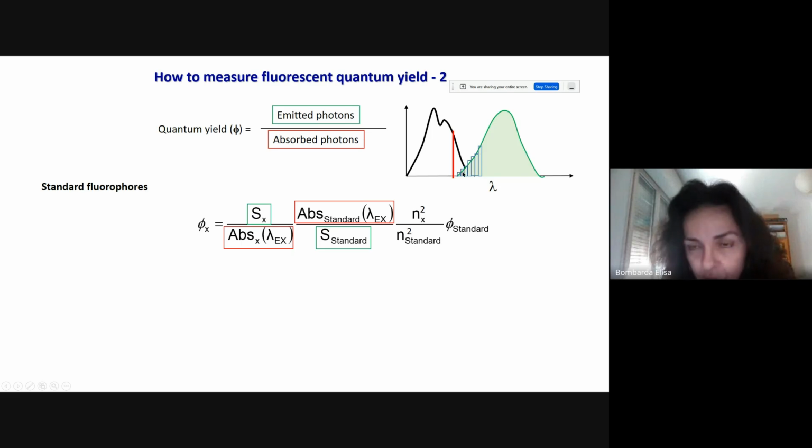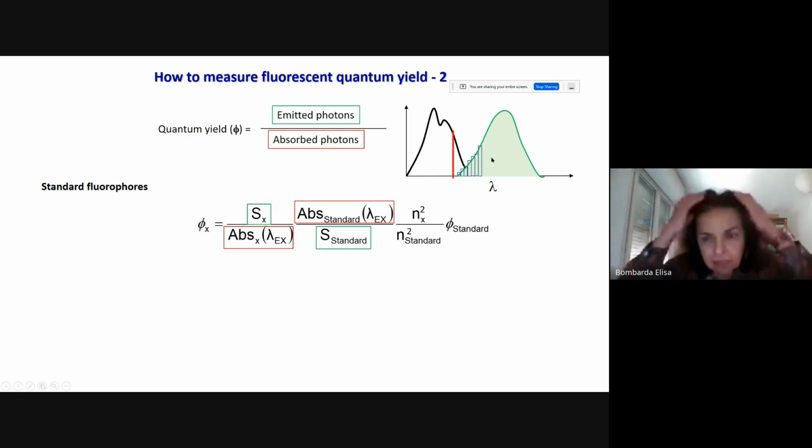Yes, okay. It also tells us that there are more photons emitted at this wavelength with respect to that one. So imagine having a histogram that, in principle, should be continuous everywhere. That means that if you get the surface, you integrate the spectrum, you get a parameter that is proportional to the photons emitted.